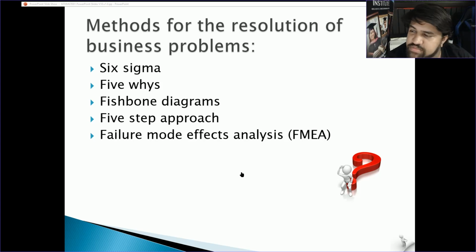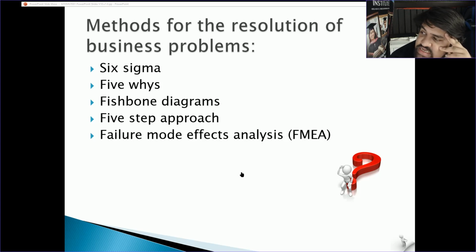So the concept of 6 Sigma is, it's a statistical kind of process. You're looking at a data-driven approach to the improvement and elimination of any defects or any problems within the company.